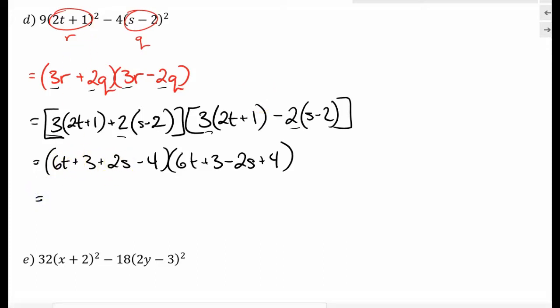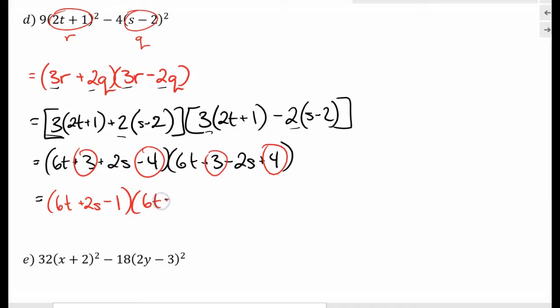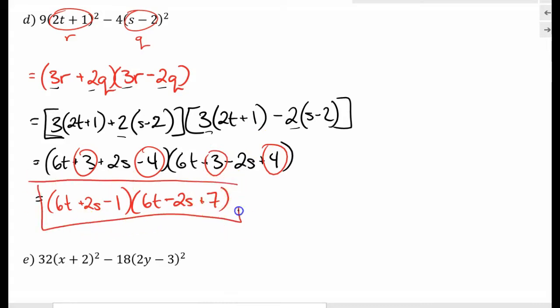Last step, collect like terms within the brackets. So I've got 6t plus 2s minus 1 and 6t minus 2s, and that's plus 3 and plus 4 is plus 7. Okay, so only collect terms within brackets.